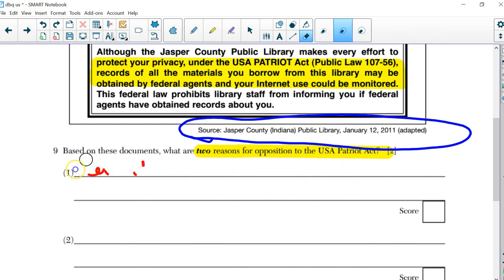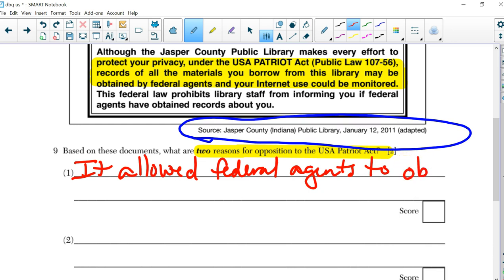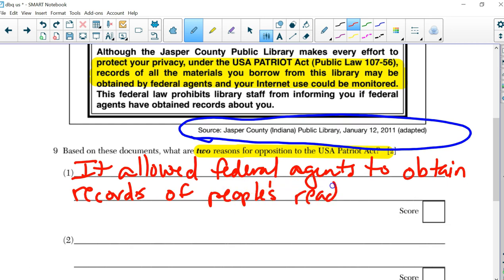How about, because we're talking about the USA Patriot Act, you could say the USA Patriot Act allowed federal agents to obtain records of people's reading history.